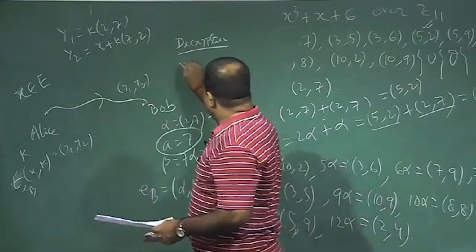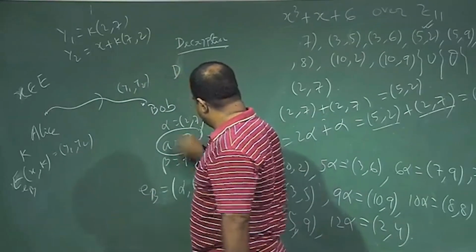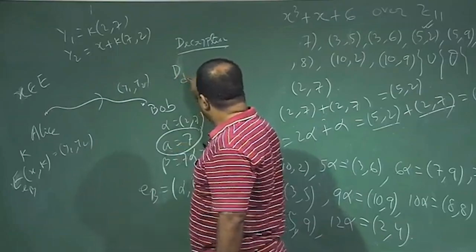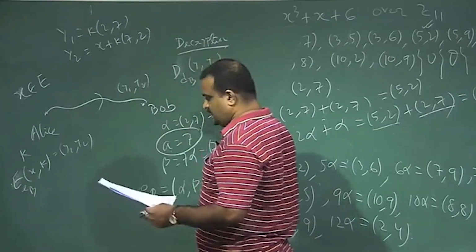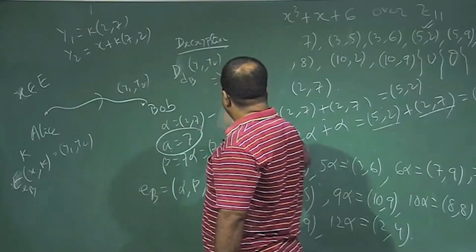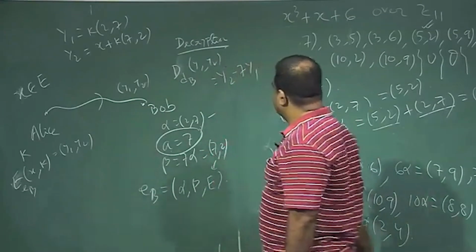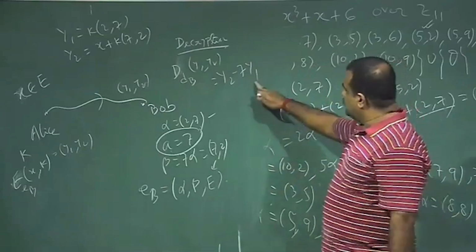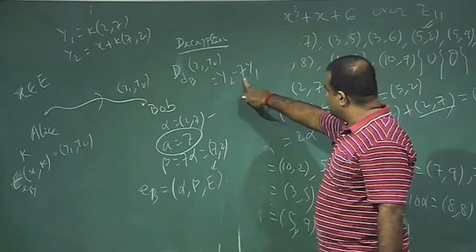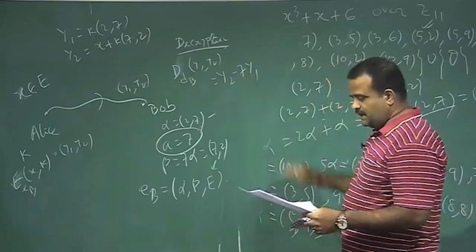Bob will apply his secret key, and Y2 minus 7 Y1 is the calculation. In the additive sense, Y1 to the power 7 is 7 Y1, and the inverse is basically minus. So Bob will calculate this.